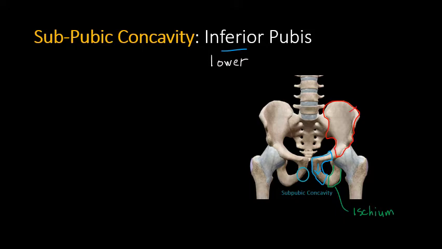If you remember, that was called the ilium. Okay, so our three portions that make up the innominate bone: the pubis, the ischium, and the ilium, and they all fuse in adulthood.